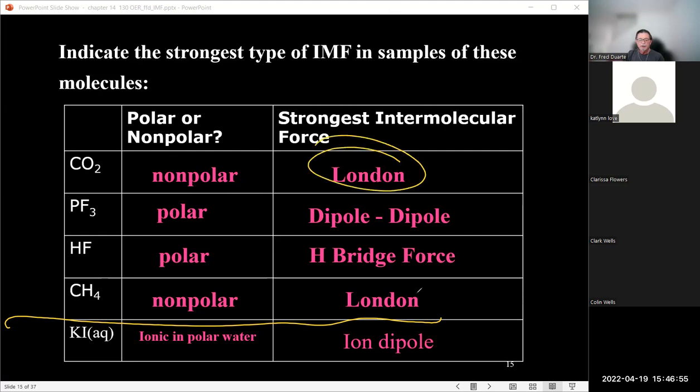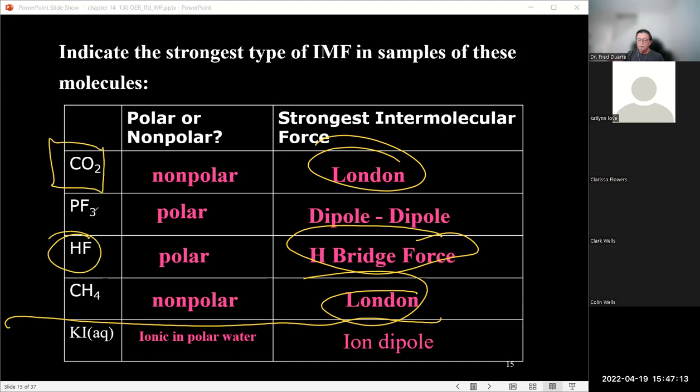So these two will have the lowest boiling point. And we can even go the other direction and say this one, hydrogen bonding, would have the highest boiling point. So HF would have the highest boiling point, and the weakest would be those two, carbon dioxide and methane, because they have the weakest intermolecular force. And so that's what we mean by relative comparison.